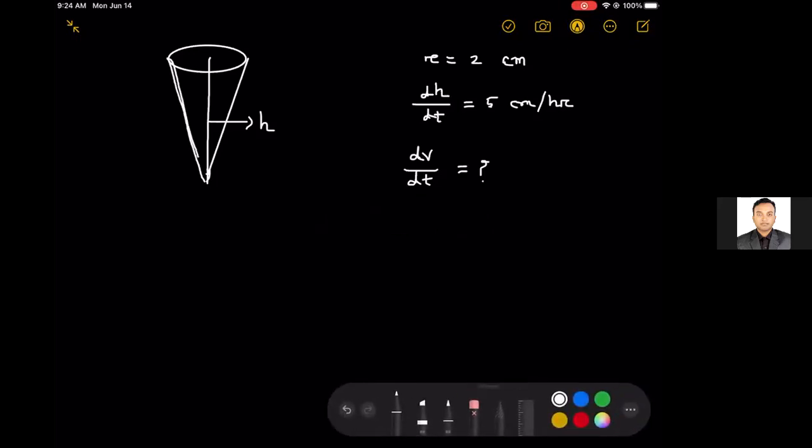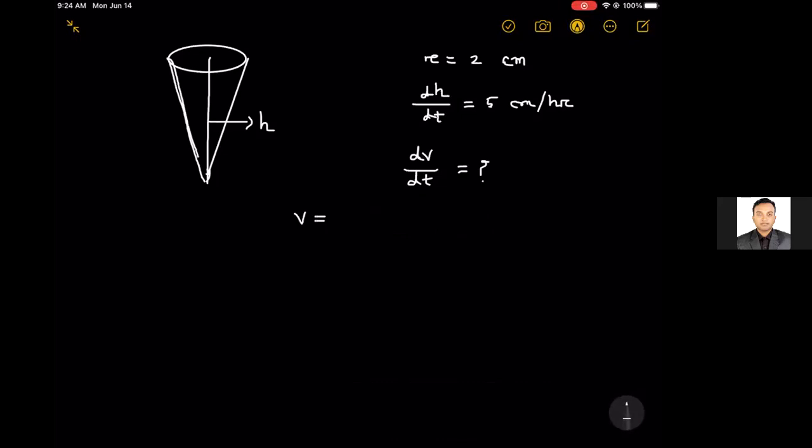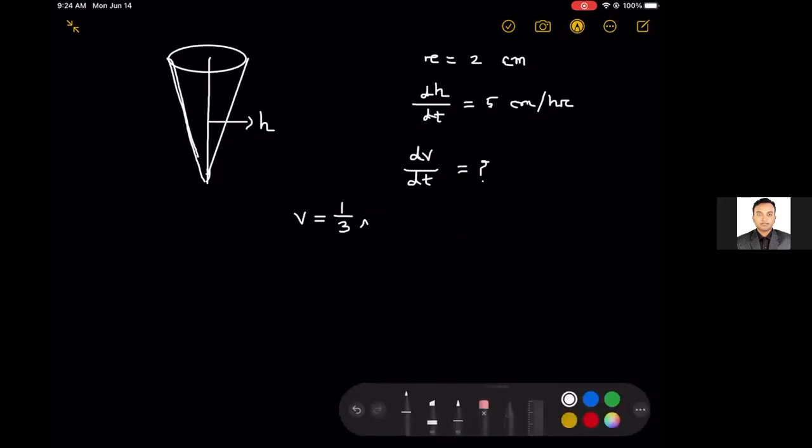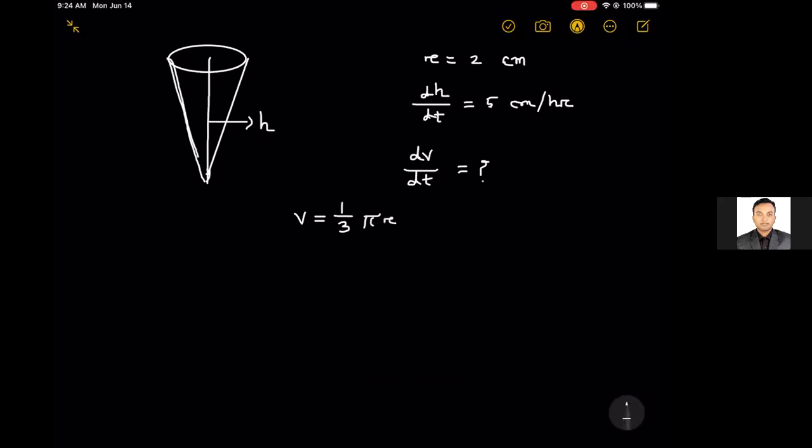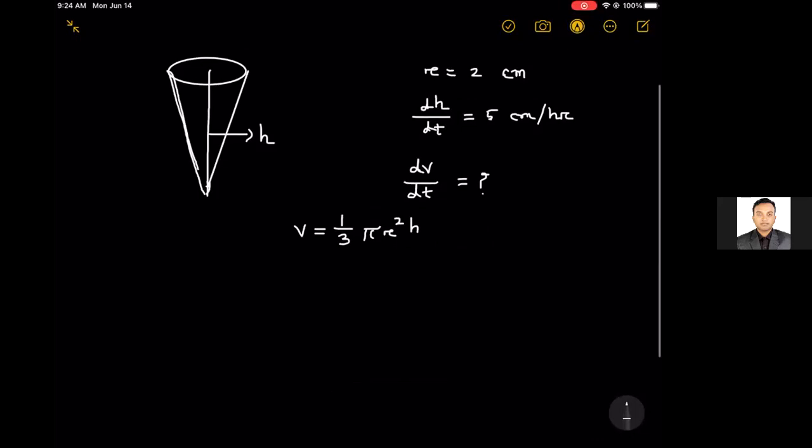If I say I know the volume, 1 over 3 pi r squared h, I know the volume, right? Now, can you think of anything that could be done? Just eyeball the question.